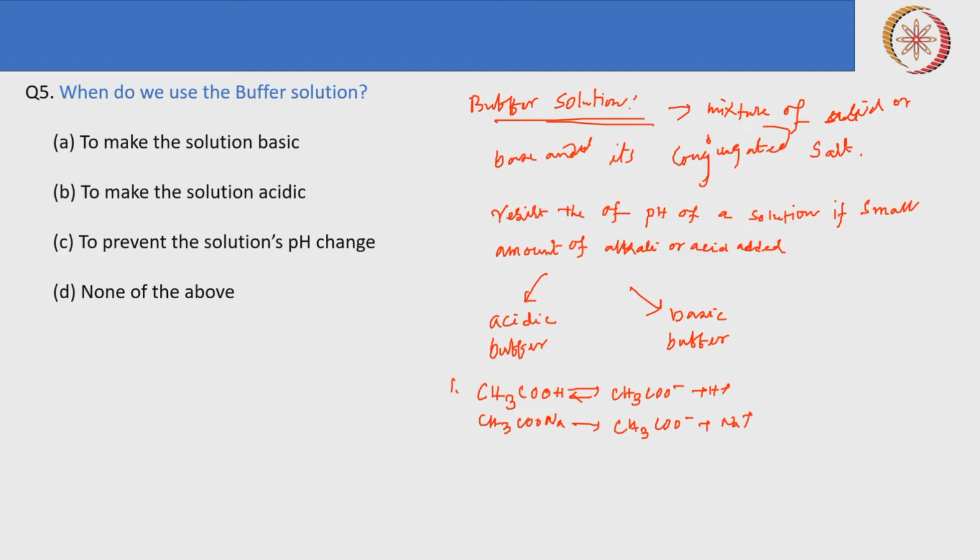As I have mentioned, if a small amount of alkali or acid is added to the solution, then it resists the change of pH of the solution. Suppose I have added 1 molar HCl.